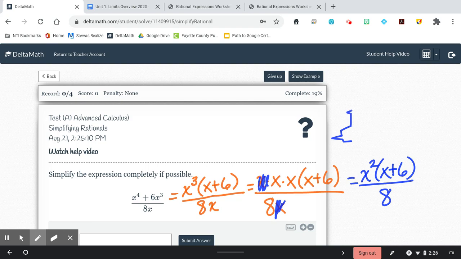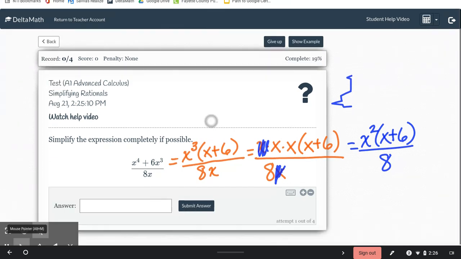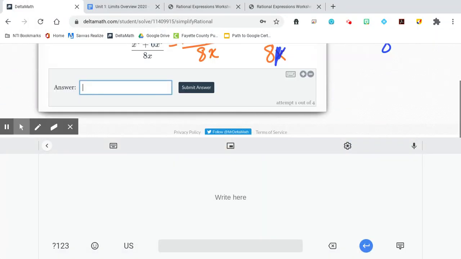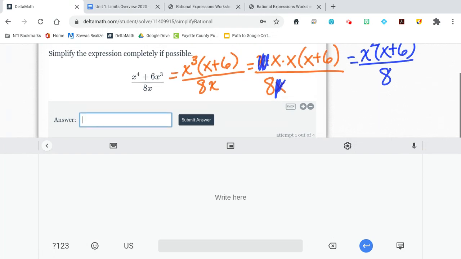So I'm going to go in here and type that in. I need to see what I need to type in here. Let's see. This will work. x squared. No, that's not going to work. Okay.